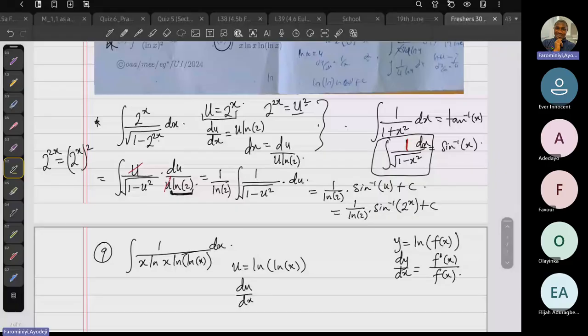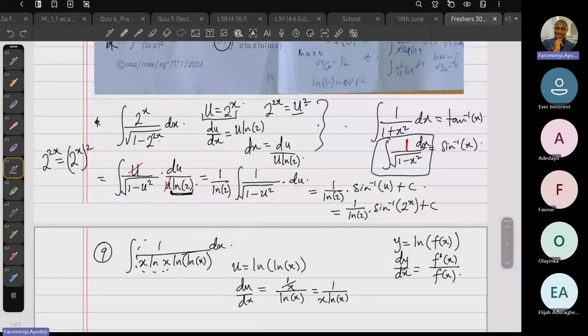So in this case, du dx will be the derivative of natural log of x, which is 1 over x, over natural log of x. Can you see why I used it now? Because this is just 1 over x ln x, which is exactly what we have here.